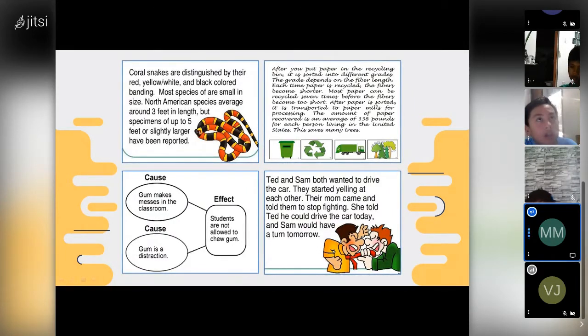The third one, how about the one that shows cause and effect? Cause and effect text. How about the one that shows similar and dissimilar? Compare and contrast.